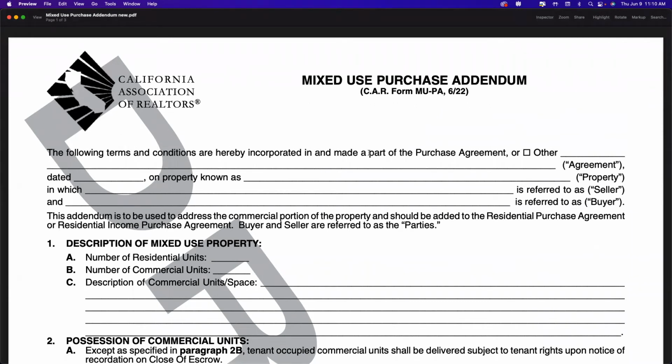We see a lot of mixed use transactions here in the office, where you have some residential and some commercial, where you have a couple units and maybe a storefront or a warehouse or a garage or something used for commercial purposes. And we have to pick or choose, right? We're doing either a residential income purchase agreement or a commercial residential income, and we're moving things around and trying to make it fit.